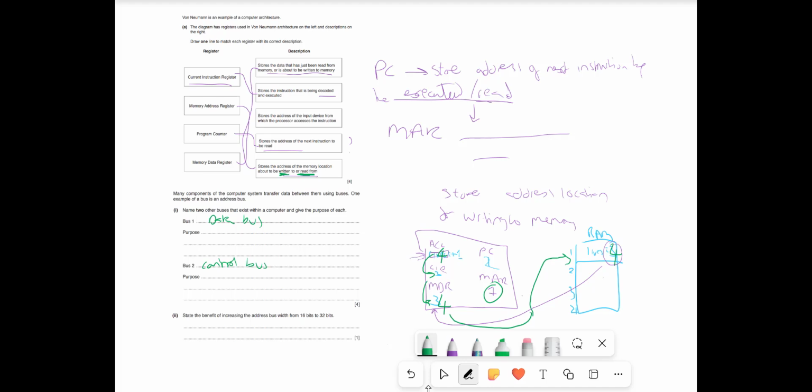The data bus carries data between the CPU or processor and memory, whilst the control bus transmits signals between the control unit and other components.